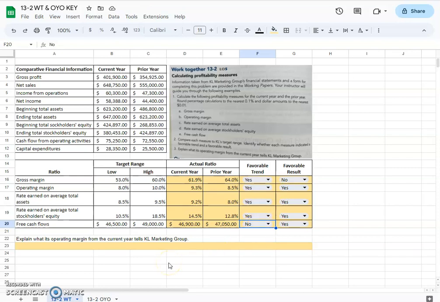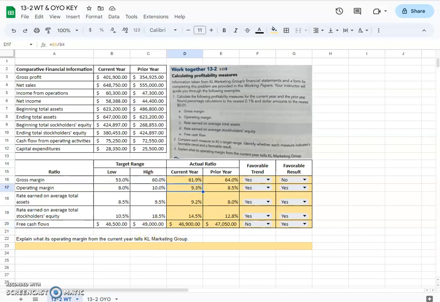Finally, explain what its operating margin from the current year tells the marketing group. What can we learn from this operating margin? Well, last year we were at 8.5%, and this year we are at 9.3%, right? Which means that our income is higher than it was before, because the income from operations is your numerator.